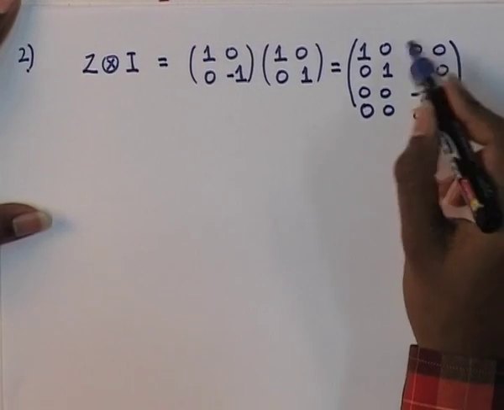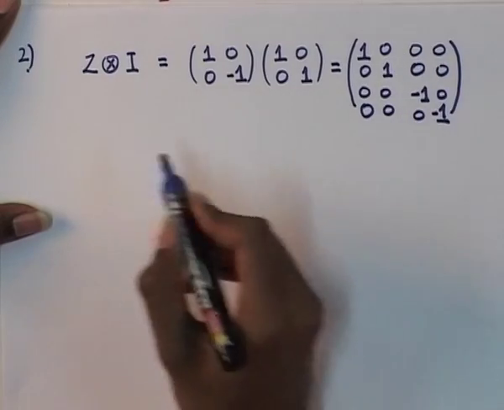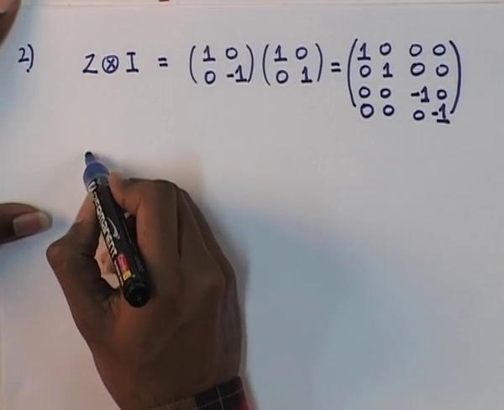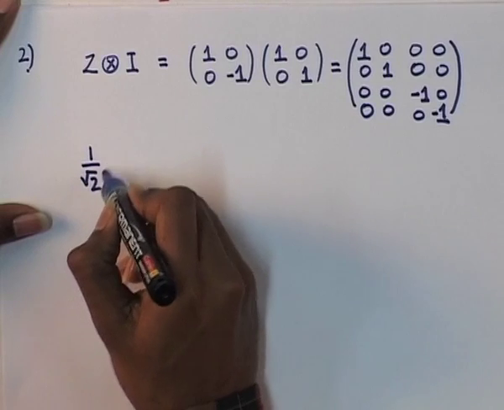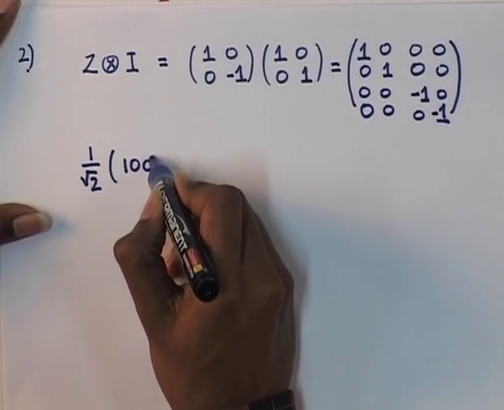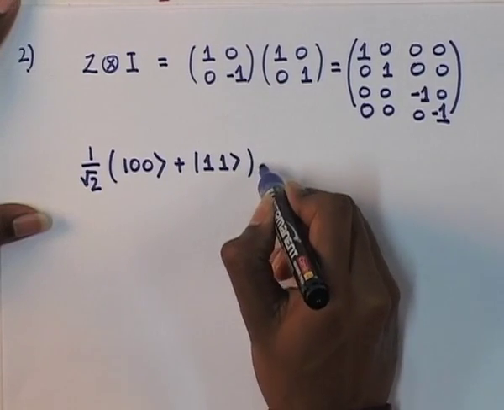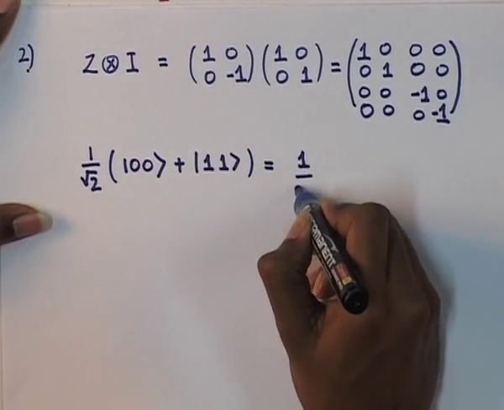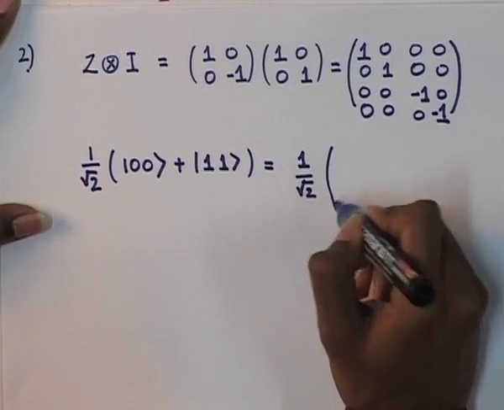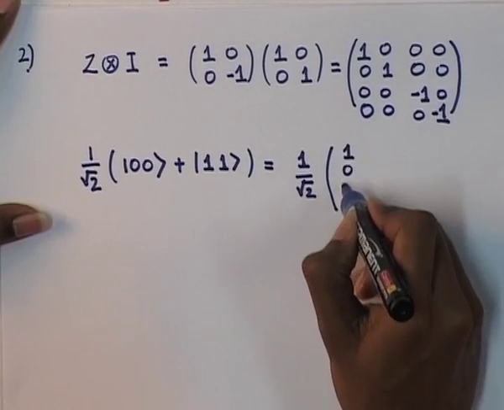Now this gate is applied on the Bell state they share, which is equal to the vector 1 by square root 2 (1 0 0 1).